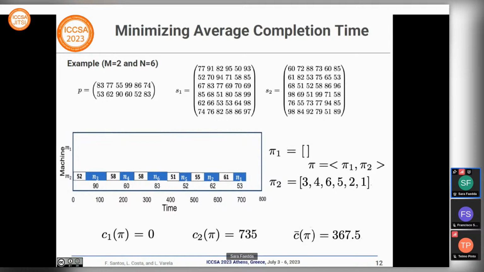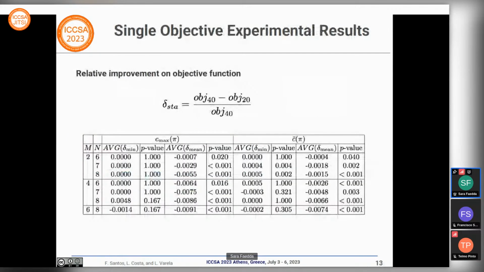So I think this solution can be understood. Sorry, and this is the objective function value.